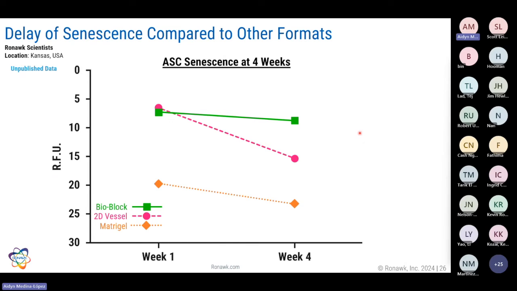But we also did culture cells in a matrigel, and again, we see that increase in senescence over time. And when we do them in spheroids, the same thing is visualized.